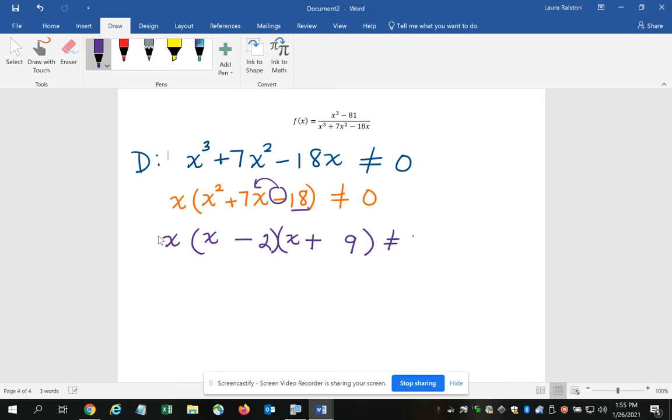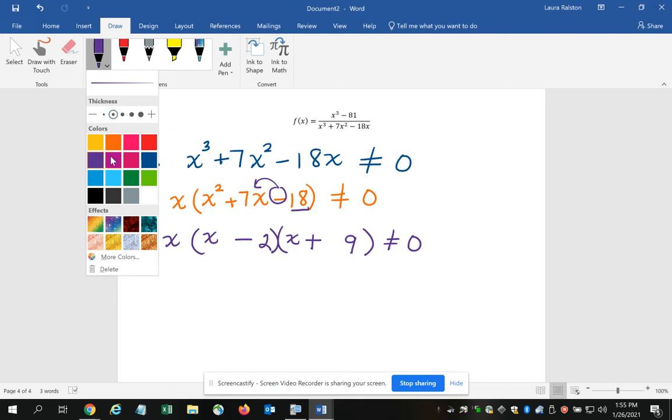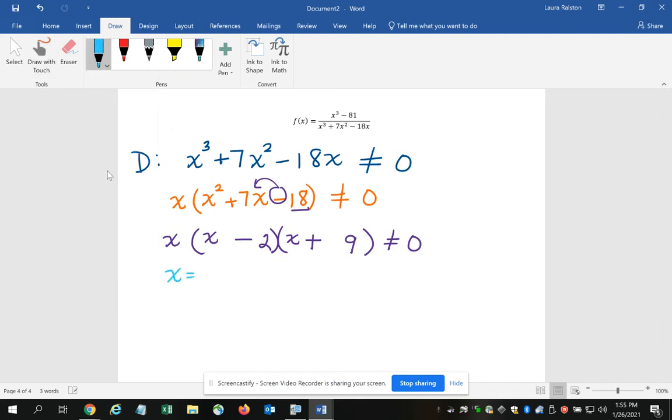And again, they cannot be 0. So that tells me that x cannot be 0, x minus 2 cannot be 0, and x plus 9 cannot be 0.